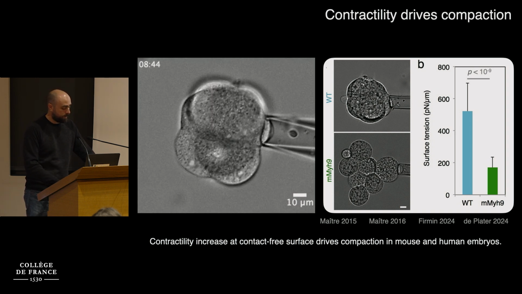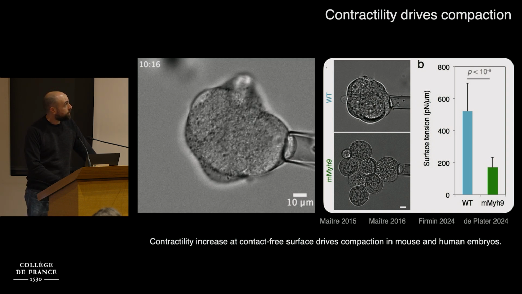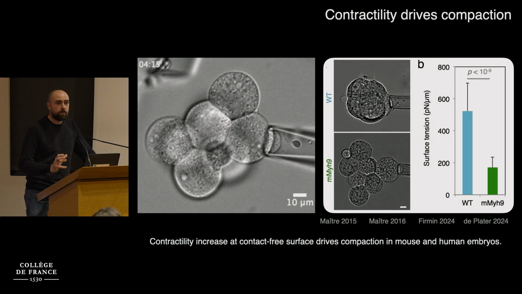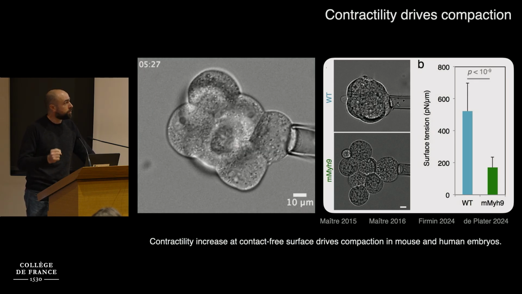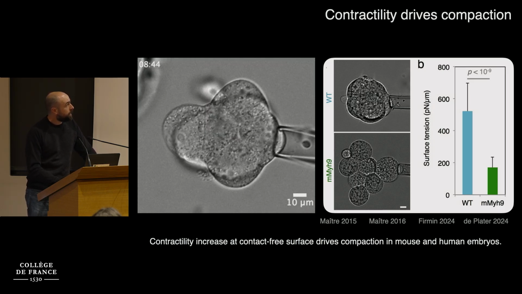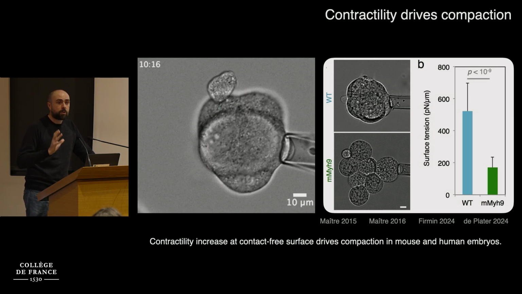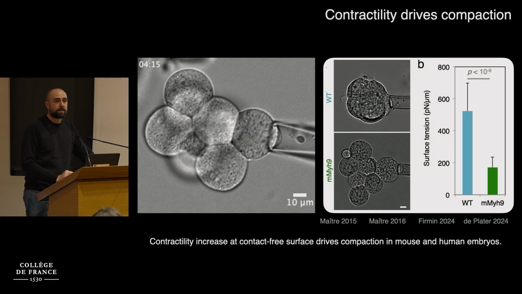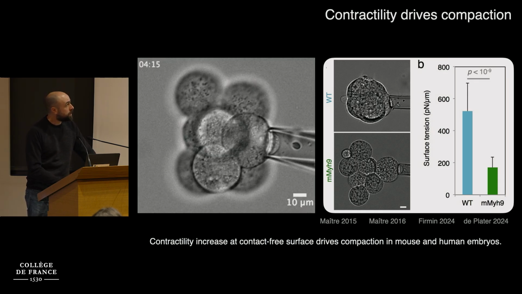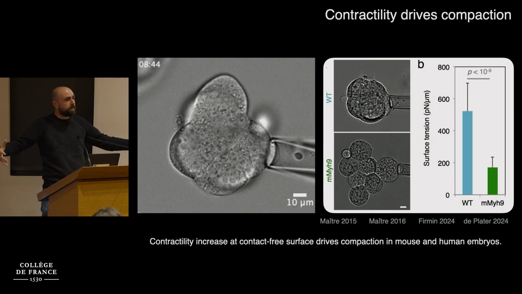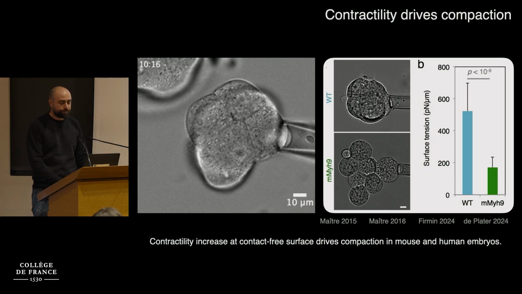We will look into this in a bit more detail later on, but what we can see is that if you mutate one of the myosins, one of the motors that drives those contractions, and this is the embryo labeled in green on the bottom, those embryos which cannot contract properly will not compact because they cannot pull on their neighbor as effectively, as you can see on the surface tension measurement. So compaction is mediated by this increased contractility which pulls cells together.